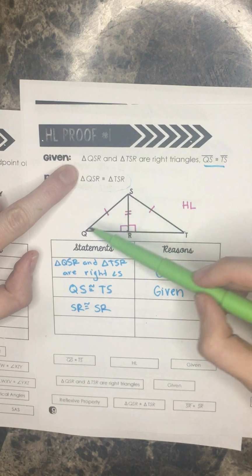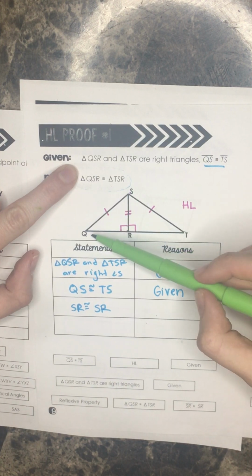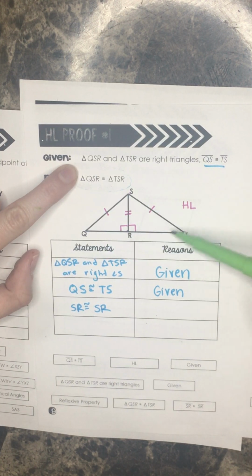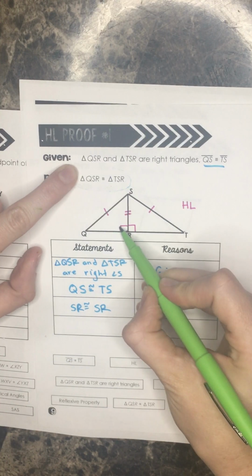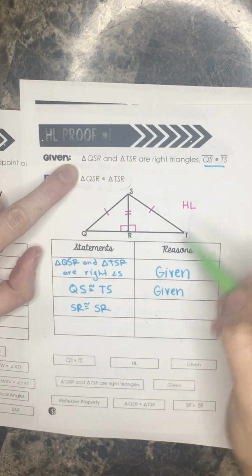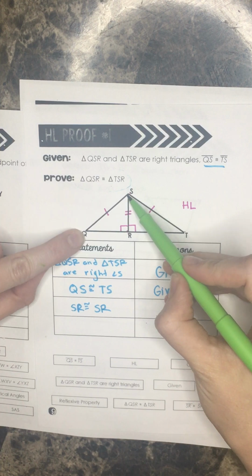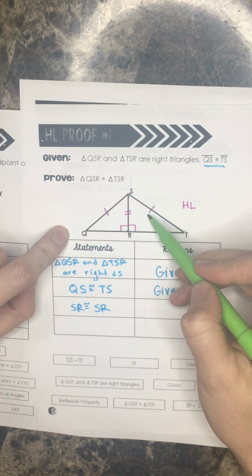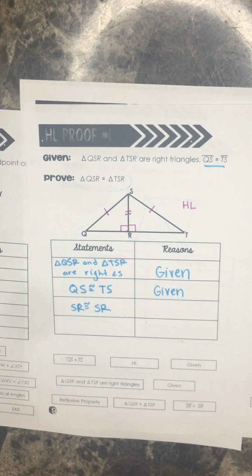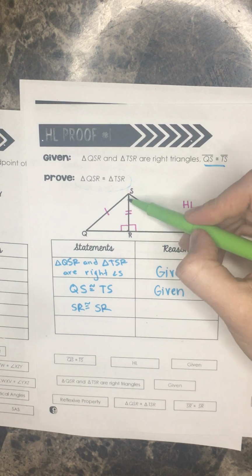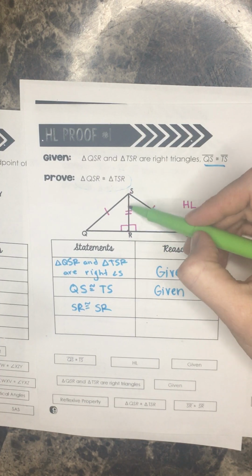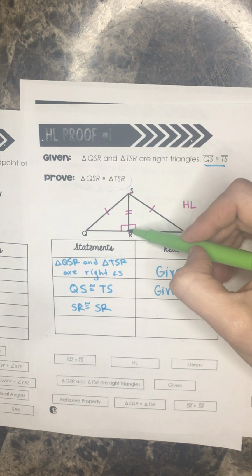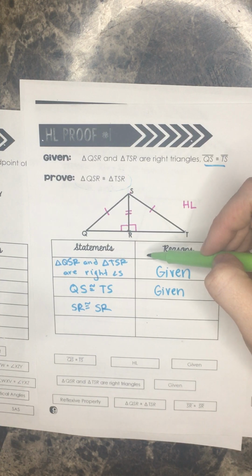We're given that triangle QSR and triangle TSR are right triangles. Therefore, we know these are right angles. We're also given that QS is congruent to TS, so we can mark that. Because they share the line SR, we can say SR is congruent to itself by reflexive property.